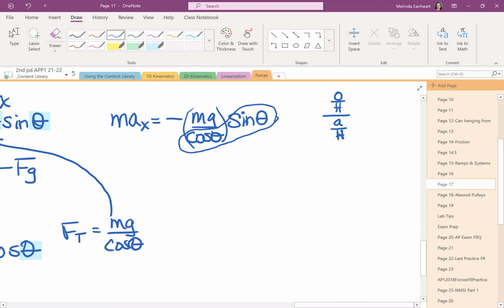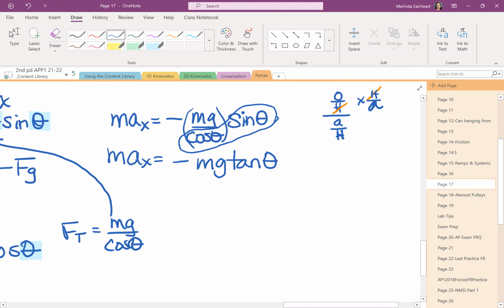And if you multiply by the reciprocal, what happens to hypotenuse? It goes away, and we're left with opposite over adjacent, which is defining what function? Tan theta. And so we get mg tan theta, bring everything else down.